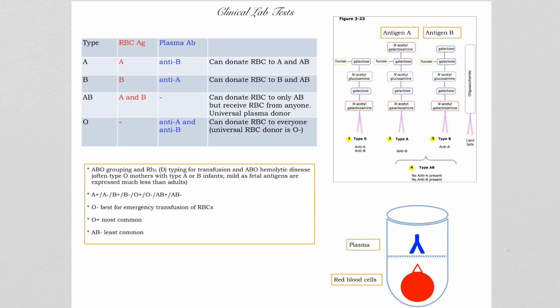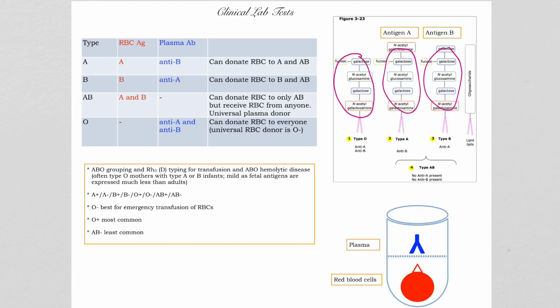So the ABO is a very nice clinical example of carbohydrates being used as an identity tag. All red blood cells are not the same. We cannot simply transfuse one person's red blood cells into another person's body.